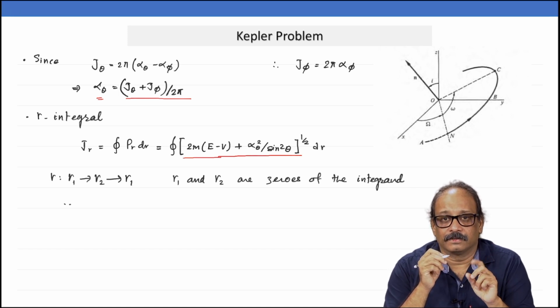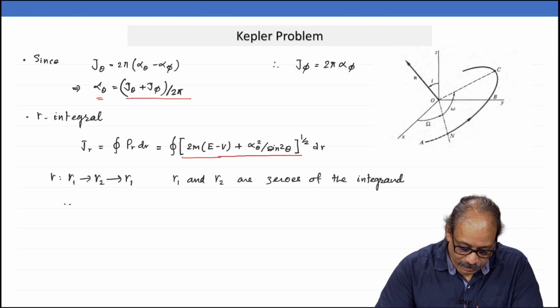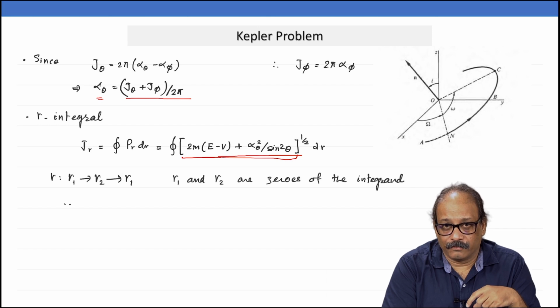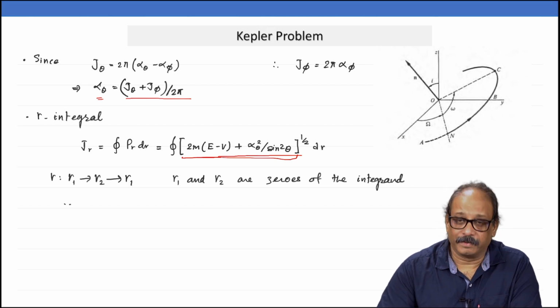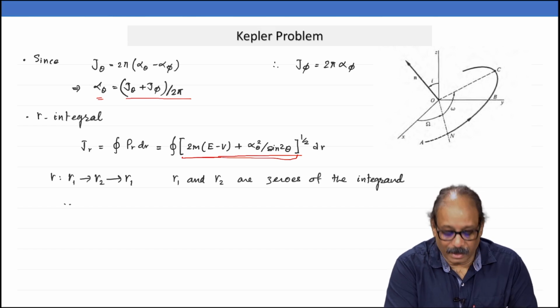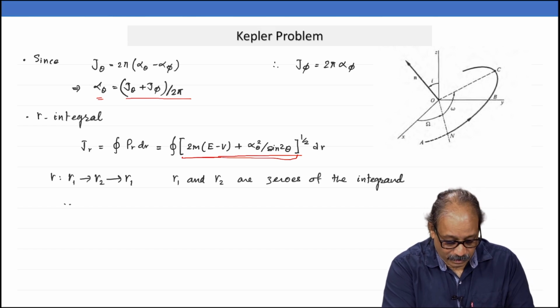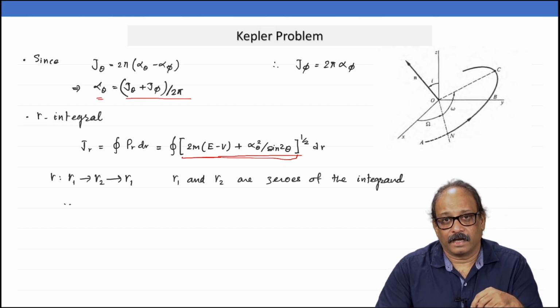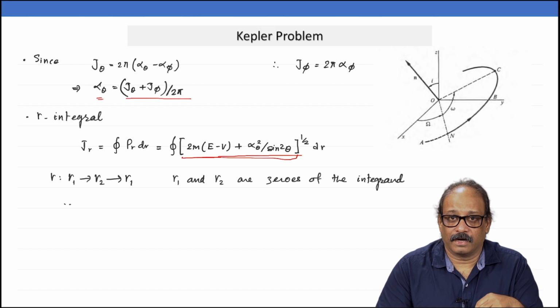What is R1 and R2? Remember, all you have to do is look at this particular integrand. There is a square root, so there will be turning points, that is when the quantity in the bracket becomes 0. For those values of R, you have a turning point. So, your R goes from R1 to R2 and R2 back to R1.